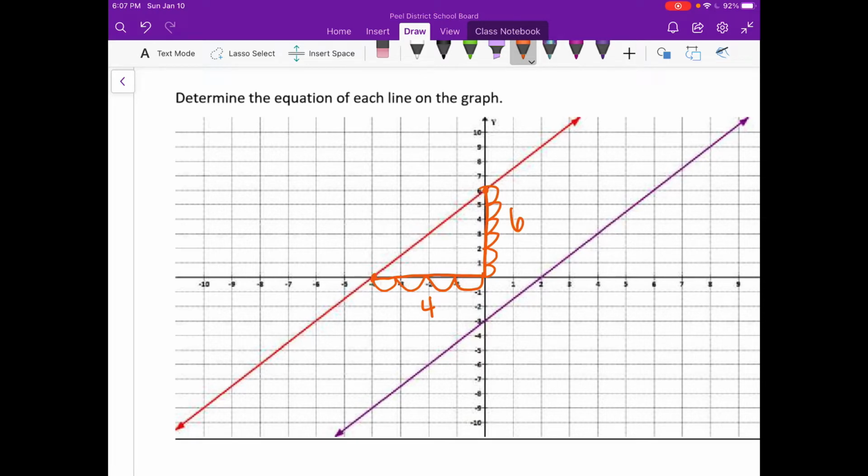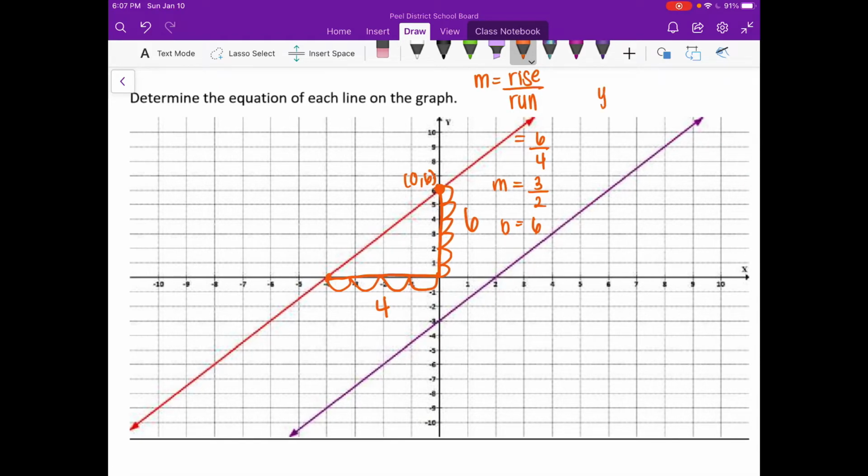So I know that my slope is equal to m is equal to rise over run, which is in this situation equal to 6 over 4, and I can reduce that to 3 over 2, right? And then I know that my b value is just my y-intercept, which is here is (0, 6), so I'm just going to take the 6 and put that in, right?